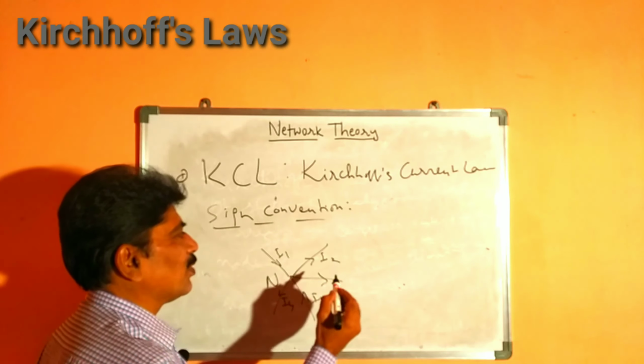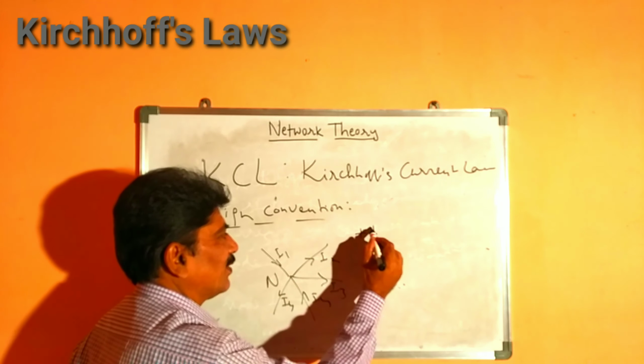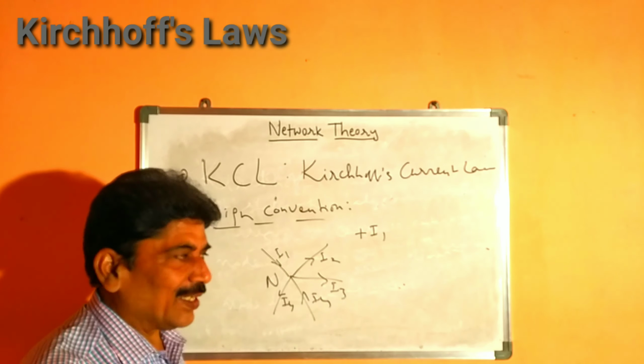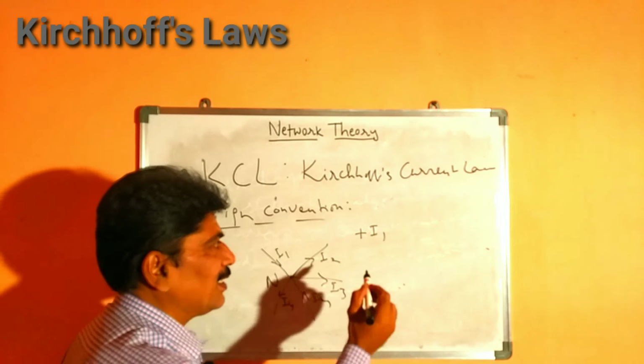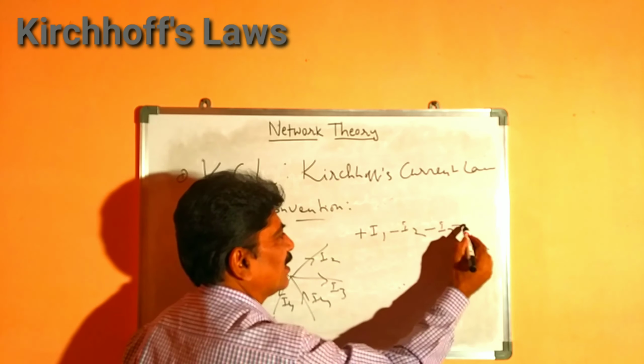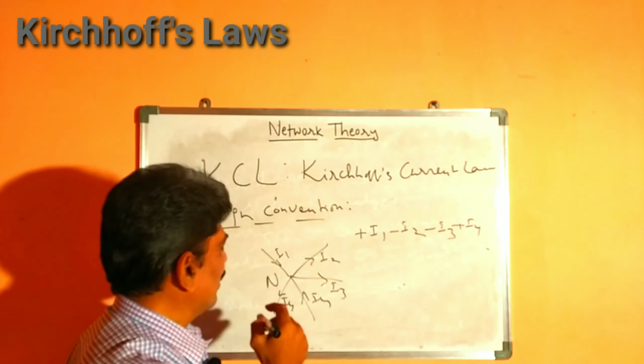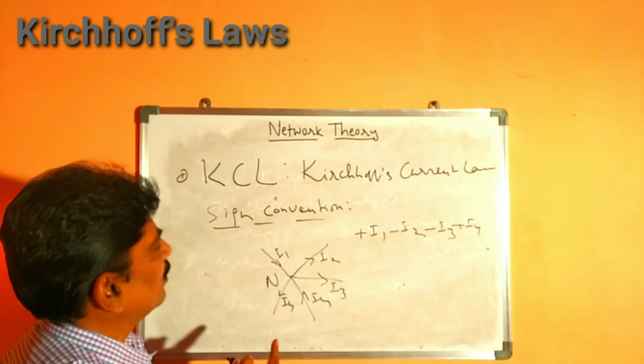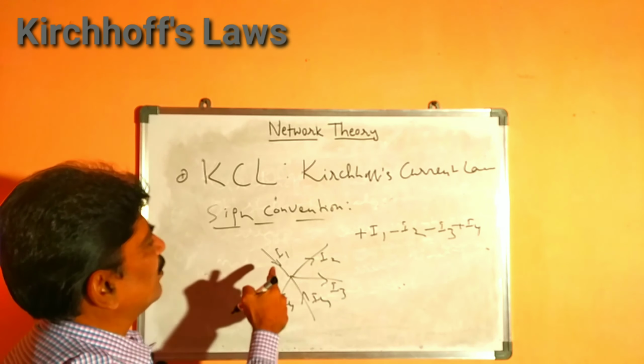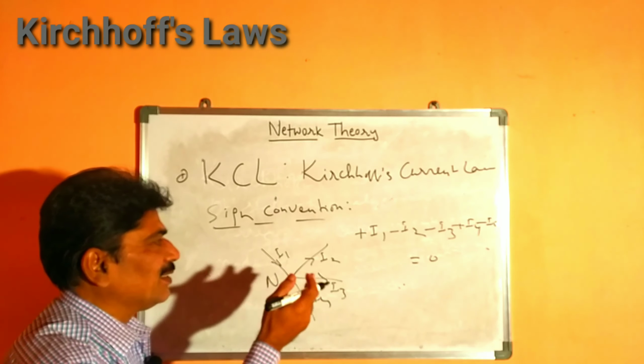Here I1 is approaching, so it is plus I1. I2 is leaving, so it is minus I2. I3 is also leaving, minus I3. And I4 is entering, plus I4. And I5 is leaving, so it is minus I5, equal to 0. That is, the algebraic sum of currents meeting at this node N is equal to 0.